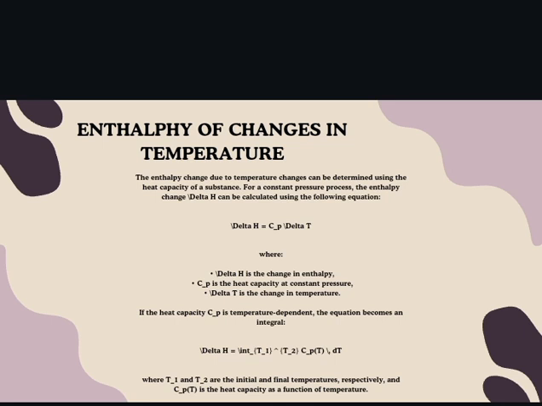If the heat capacity Cp is temperature dependent, the equation becomes an integral. Delta H is equal to the integral from T1 to T2 of Cp(T) dT, where T1 and T2 are the initial and final temperature respectively, and Cp(T) is the heat capacity as a function of temperature.